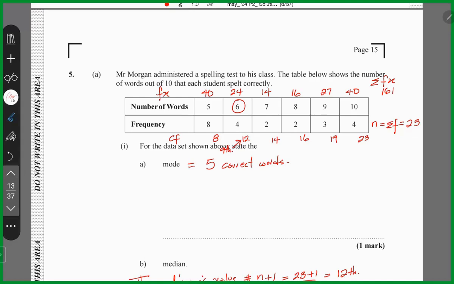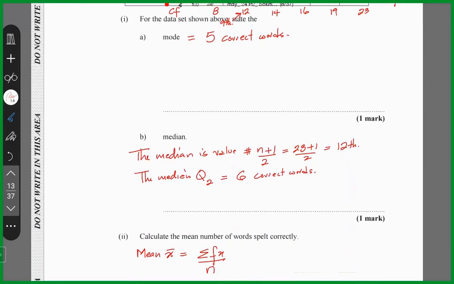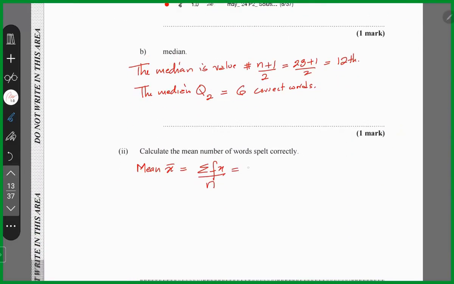Let's double check. 40 plus 24 plus 14 plus 16 plus 27 plus 40. 161. The mean x bar is the sum of fx, 161, over n, which is 23. And the mean is 7 correct words.